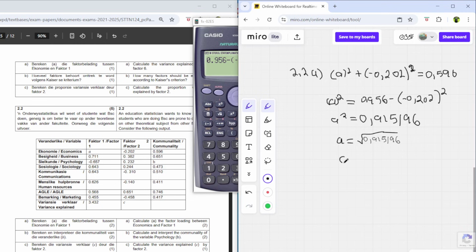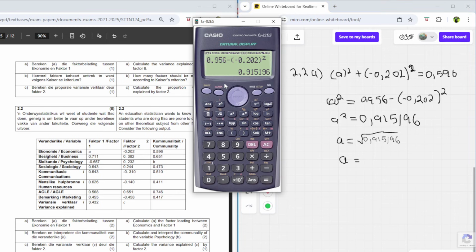And the value of a is equal to, you find the final answer now: the square root of 0.915196, which is 0.957. The value of a is equal to 0.957.